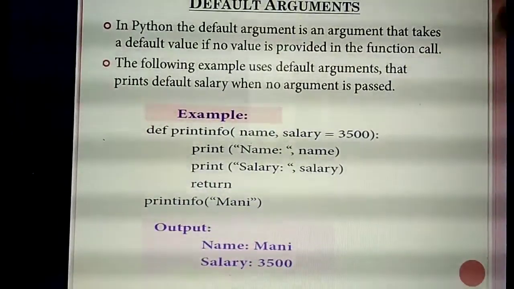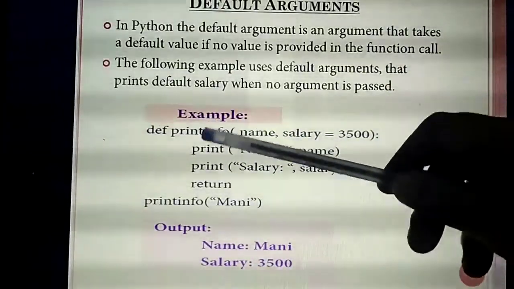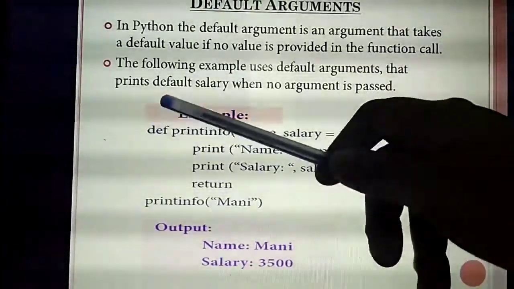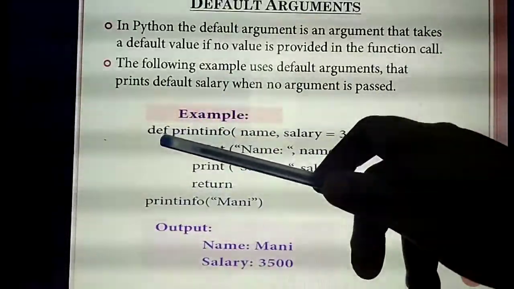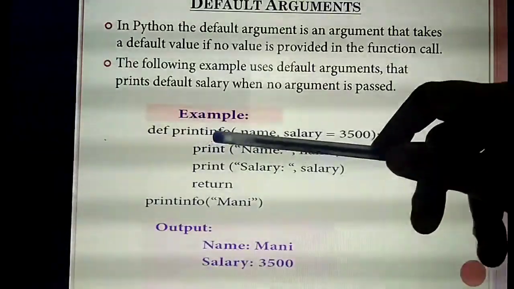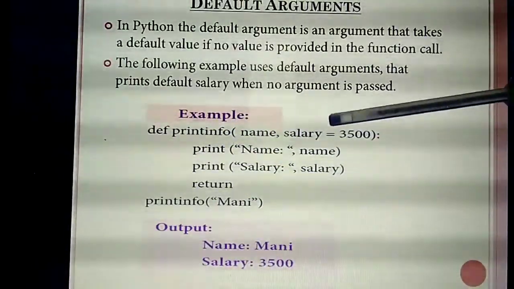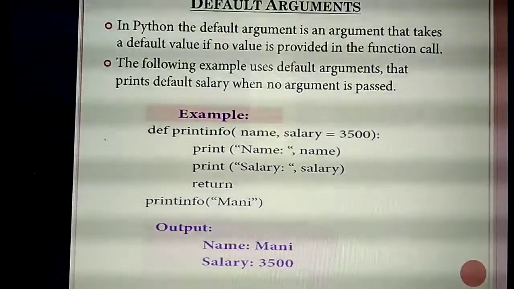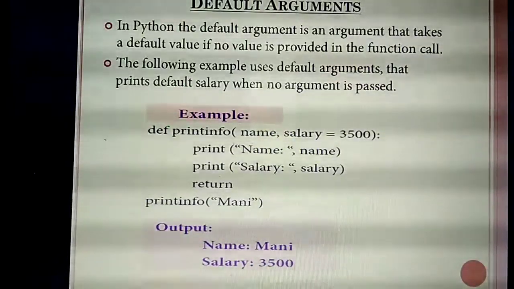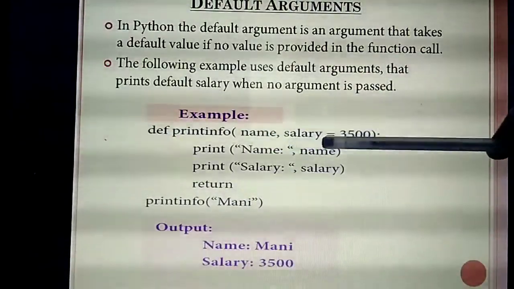Okay, listen. Here is an example program for the default argument. What's the keyword? A function always starts with the keyword def. What's the function name? print_info_of. Inside, how many arguments are you passing? name and salary. So how many arguments? 2. What are they? name and salary.